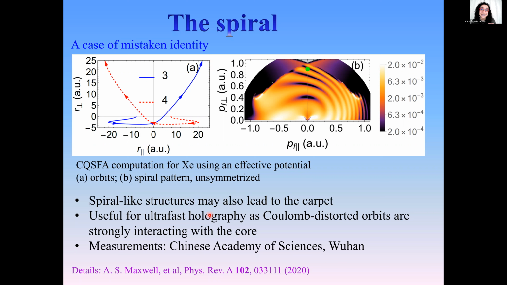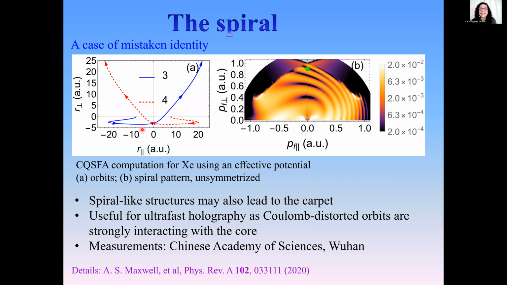Depending on the initial conditions, these are going to lead to the carpet. This is useful because you see this is being distorted by the core a lot, going around it. This is a field-dressed hyperbola, and the core makes the momentum perpendicular to the field change sign. So for holography, what do you want?